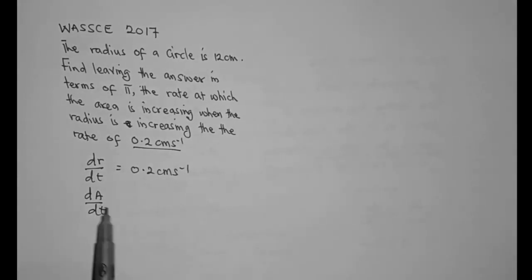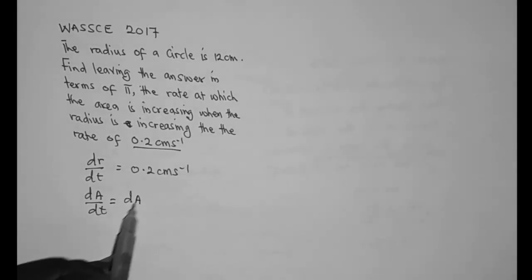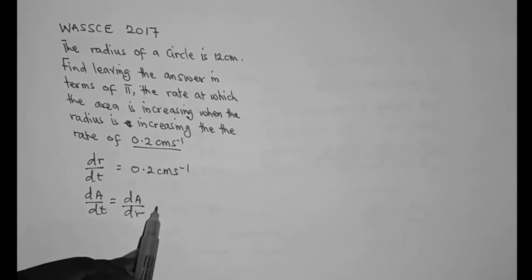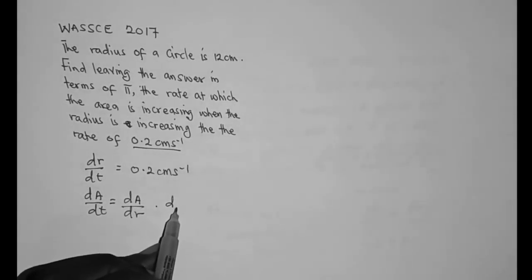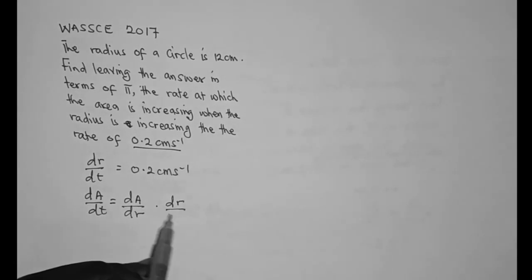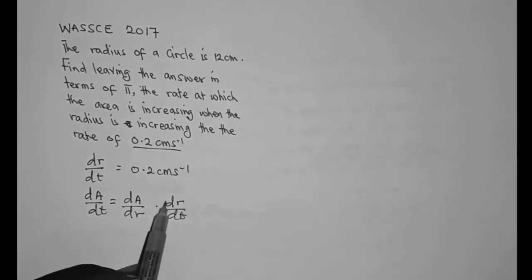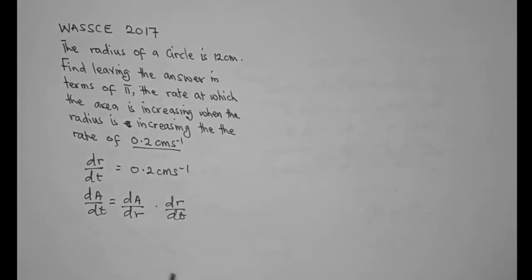So let's write a formula that links dA/dt and dr/dt. So dA/dt is equal to dA/dr times dr/dt, so that dr and dr can cancel and we get back dA/dt. But we have been given dr/dt in the question, so we need to find dA/dr.